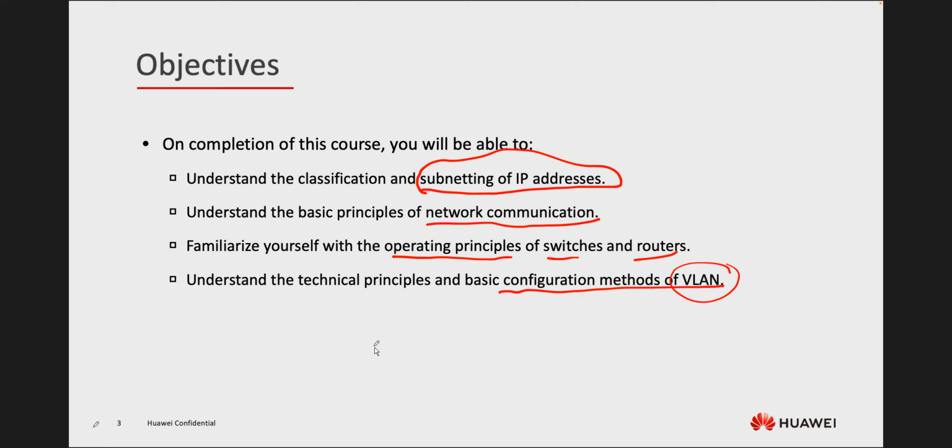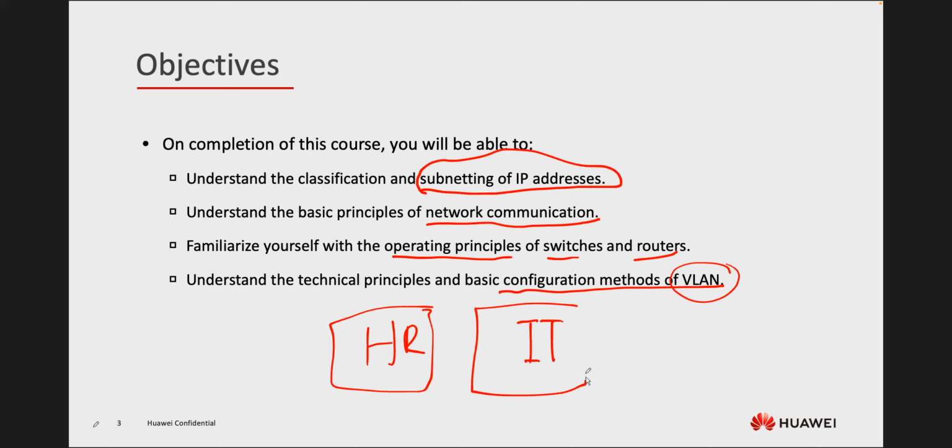And so let's say you want to have an HR department here. So I'm just calling this HR. And you have, let's say, IT. All right. And you maybe have your data center. So this is DC, which stands for data center. You want to make sure that HR doesn't see the traffic of IT, IT doesn't see the traffic of the DC, and so forth.